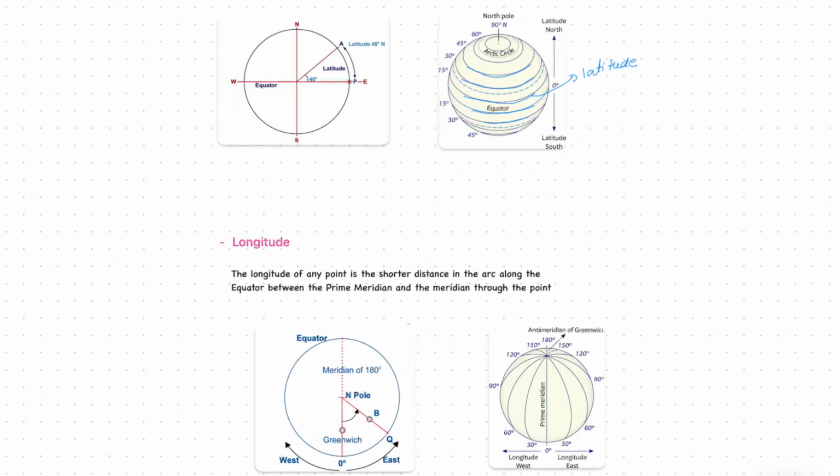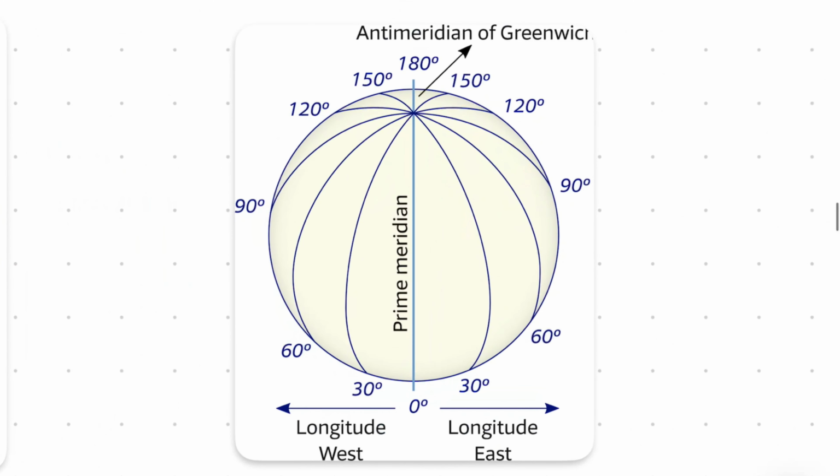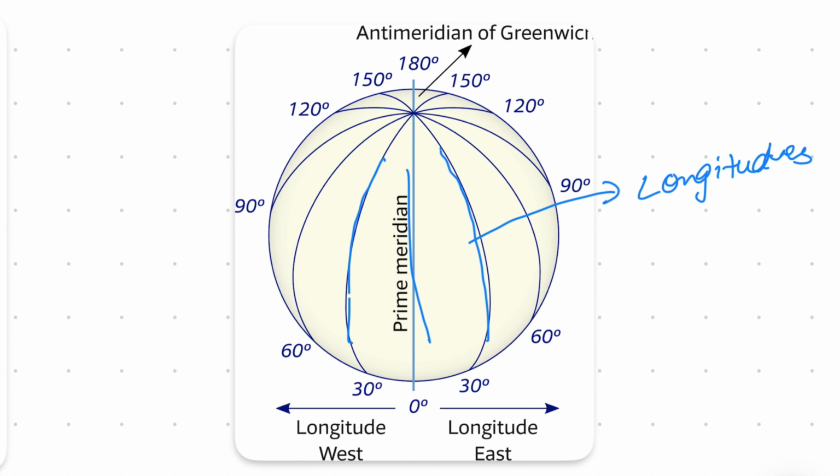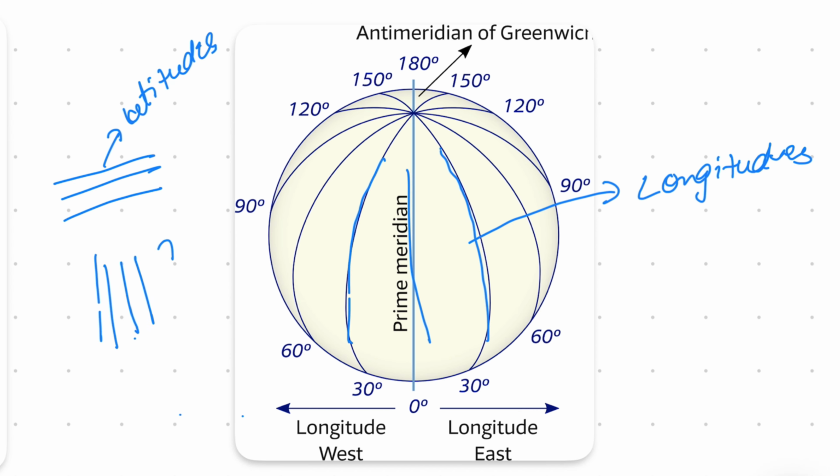And all the vertical lines plotted on our Earth, these all are longitudes. So horizontal lines are our latitude and vertical lines are our longitude.